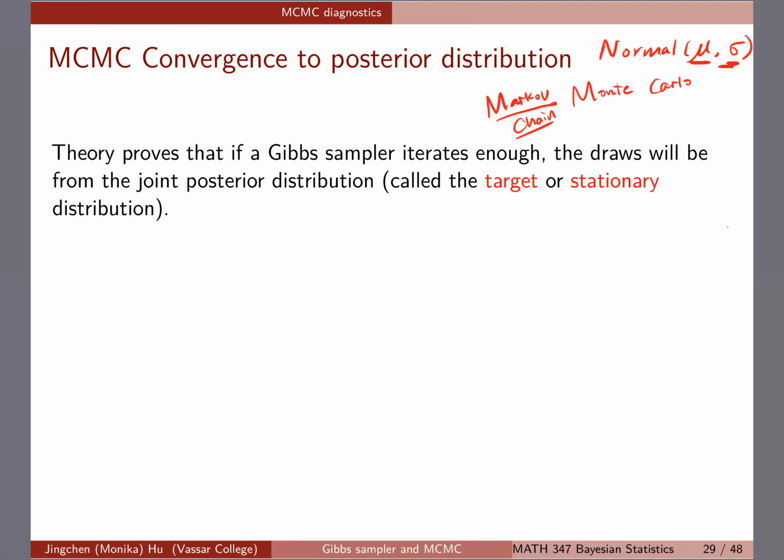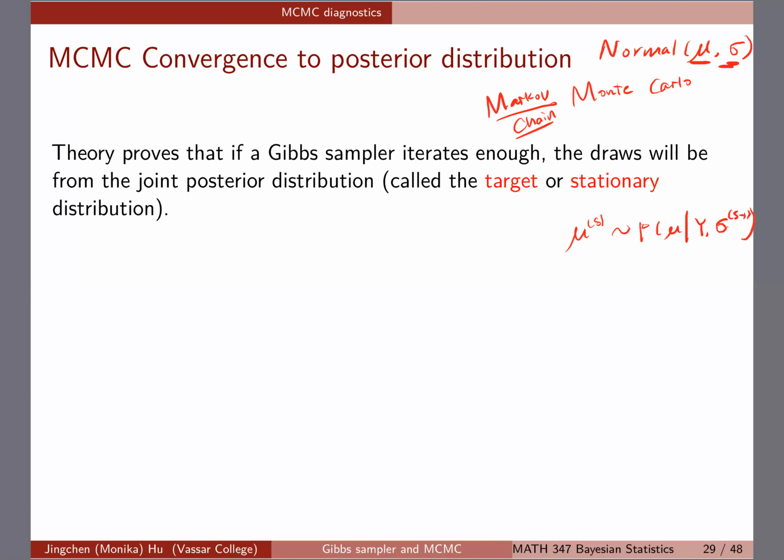Remember, mu^(s) is being drawn from the full conditional posterior distribution of mu given the data as well as the previous draw of sigma.